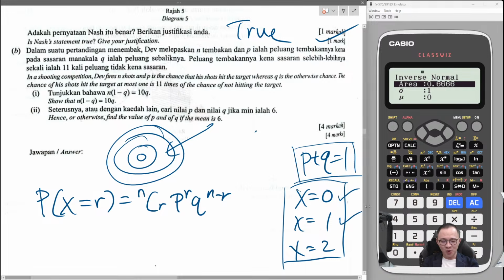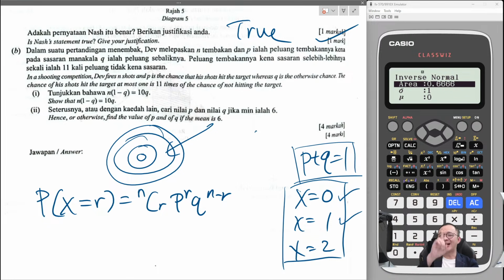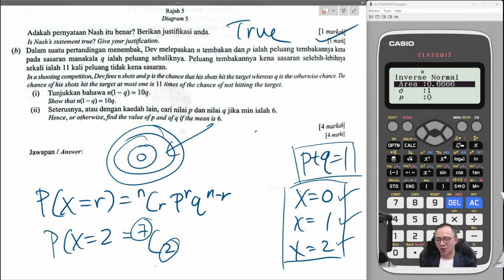When x equals 1, it means I hit the target once. x equals 2 means I hit the target twice. If you see x equals r, then you understand r is the number of times I hit the target. If you understand until this detail, then if today I say 7C2, at least I want you to understand it like this: I try to shoot 7 times, I hit the target 2 times when x equals 2.